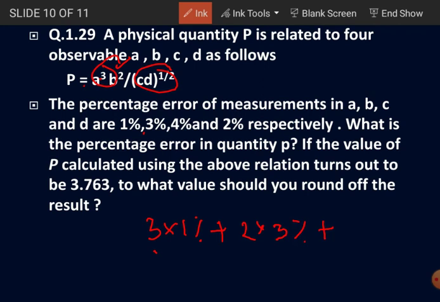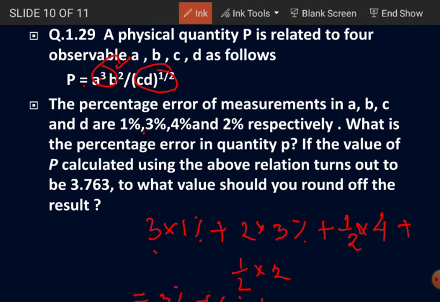Then you need to keep on for that of C. The power for this C is half. So it will be half times the percentage error, which is 4, plus next, half times, because for D the power is also half, so half times the relative error, which is 2. So in total you will get 3% plus 6%. Got it?